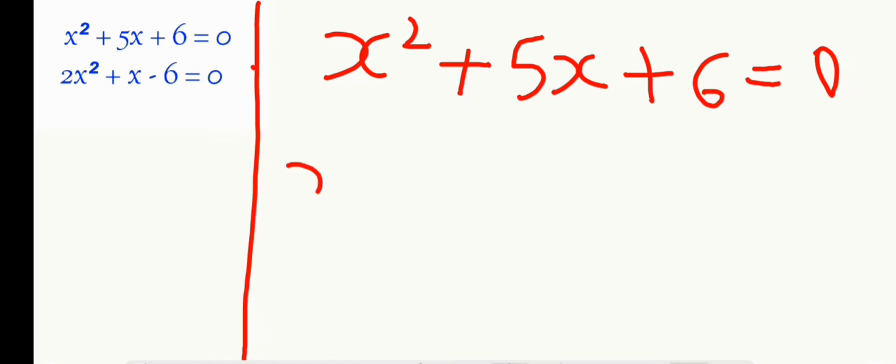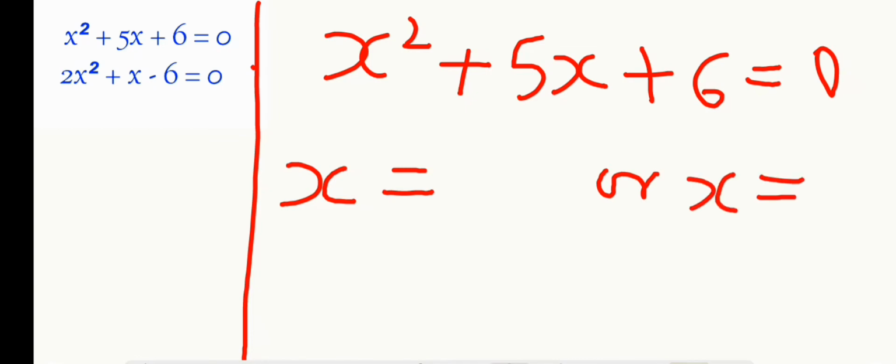So I'm going to say my x will either be equal to a number or my x will be equal to another number. According to quadratic equations, for those of you seeing a quadratic equation for the first time, you are likely to get two answers because you can see that the x is raised to the power of what? 2. So you are likely to get two answers.